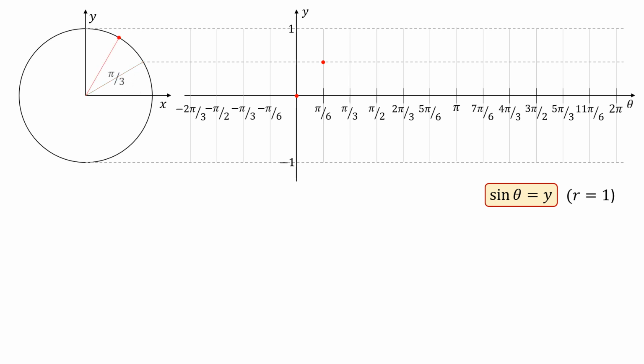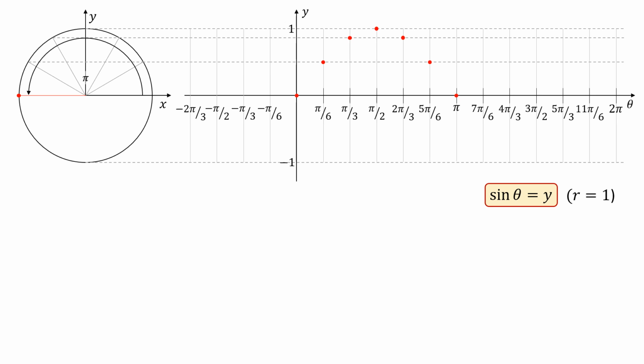Going next to pi by 3 radians, I have this point. At pi by 2 radians, I'm at the top of the circle, giving me a y value of 1. And I can keep on going. 2 pi by 3, 5 pi by 6, and pi, which is back on the x-axis and hence has a y value of 0.